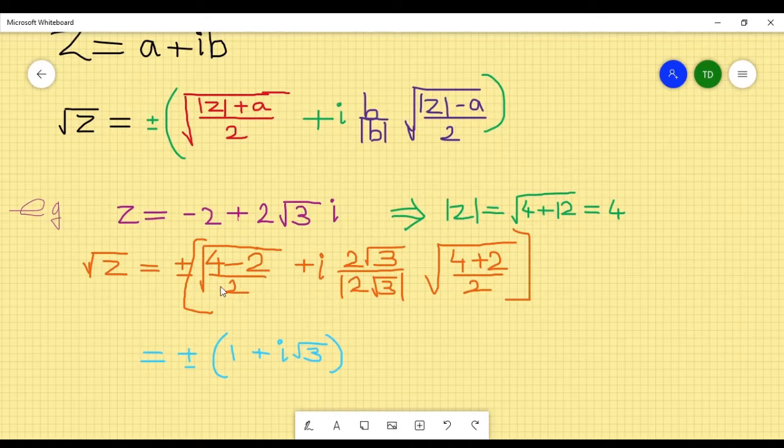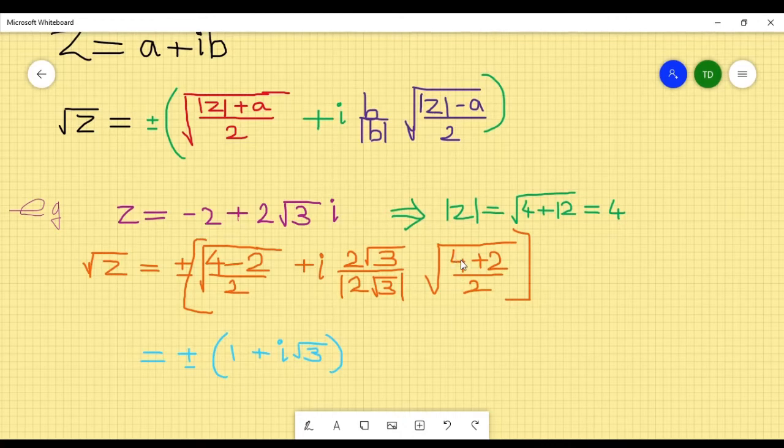2 by 2 is 1, root 1, I have written 1. Plus I times the imaginary part, which is 2 root 3, divided by its own mod 2 root 3. So this will get cancelled and this will be 1 multiplied by the root of modulus, 4 minus a.